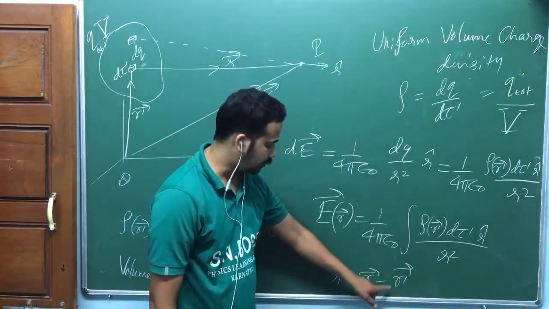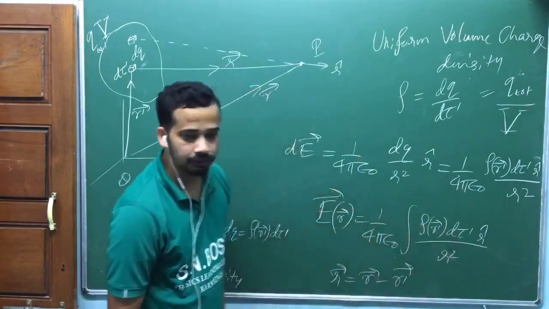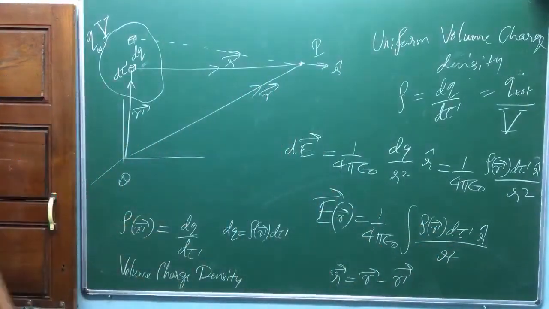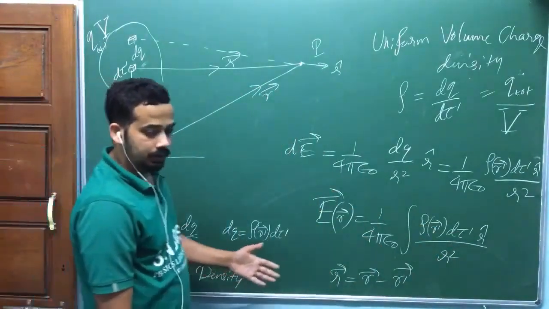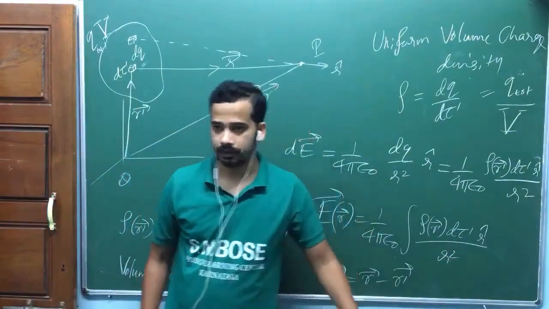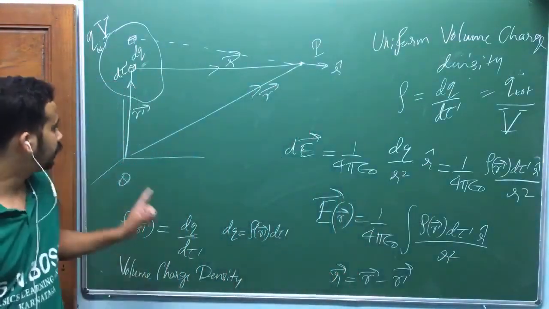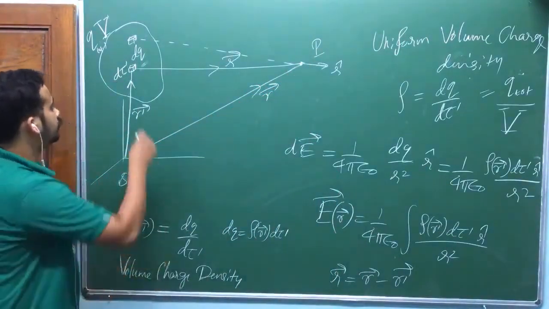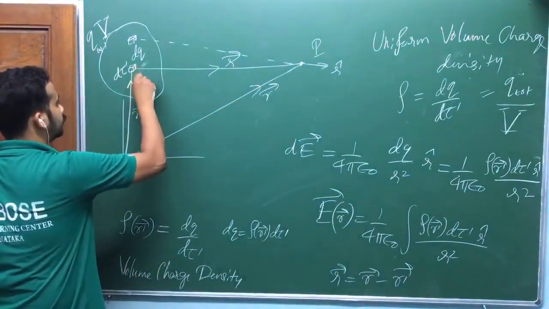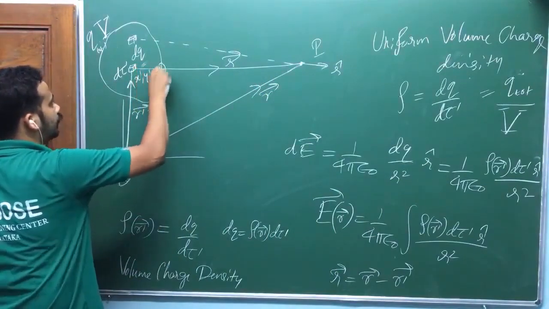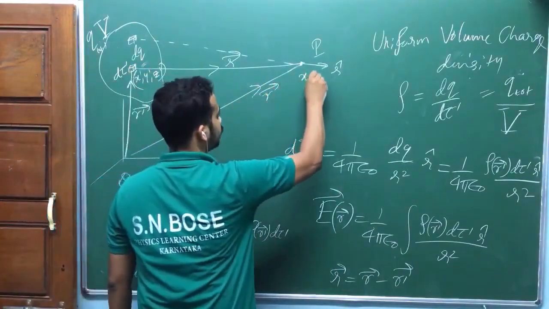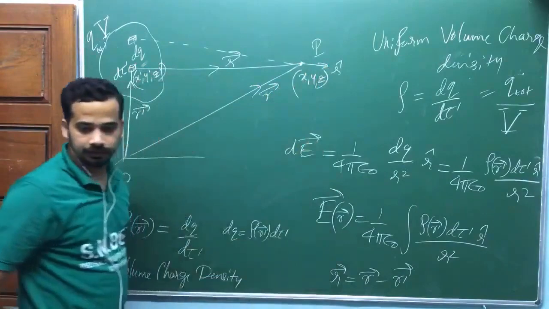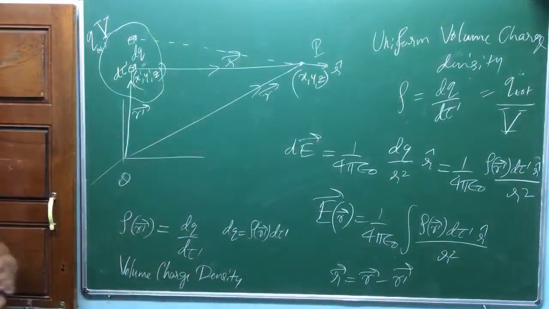So this r prime is variable. That's why we put dτ prime there, so that you think of the integral as being over the primed coordinate r prime. This is the unprimed coordinate. We say this is x prime, y prime, z prime, and this is x, y, z.